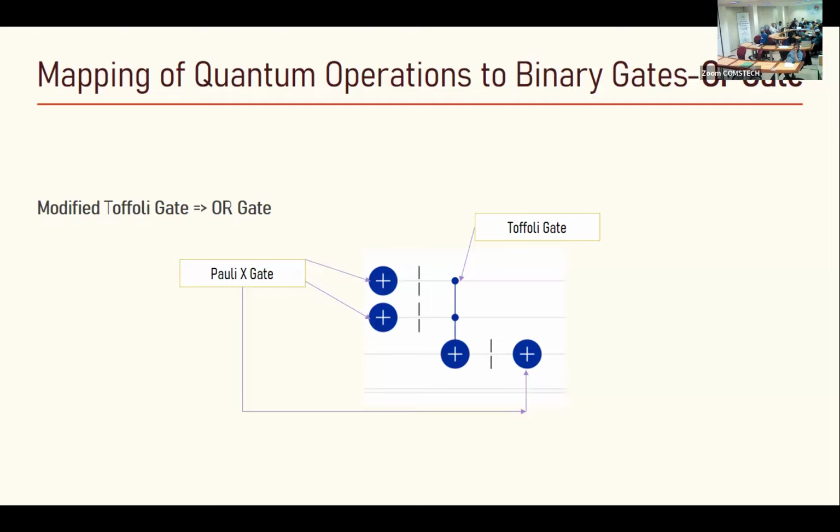And below that, please make this circuit. So this is the circuit for OR gate. These two control values take the input. The target value is initialized to 0, and the output after this X gate gives you the output of OR between these two inputs.